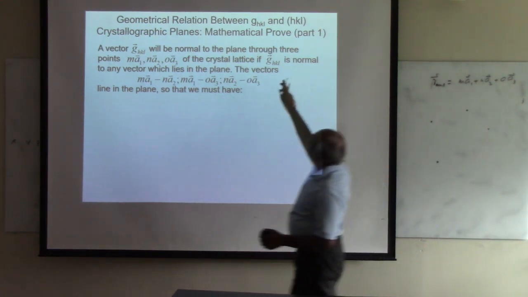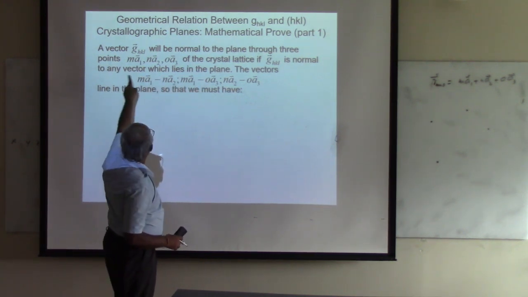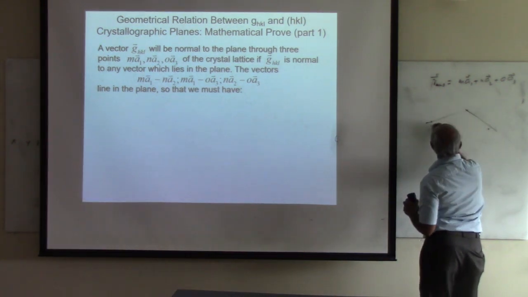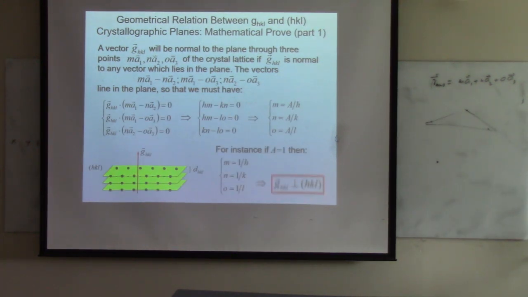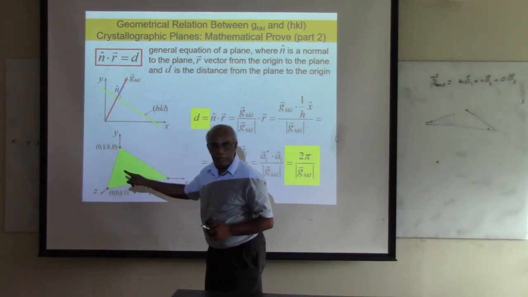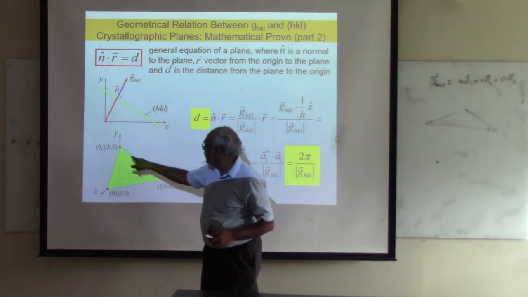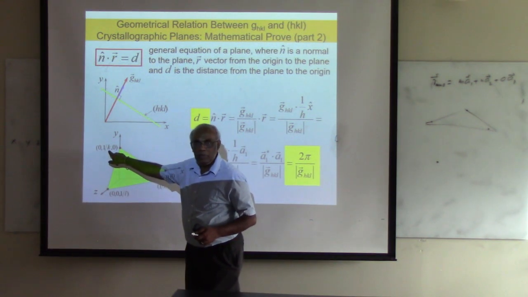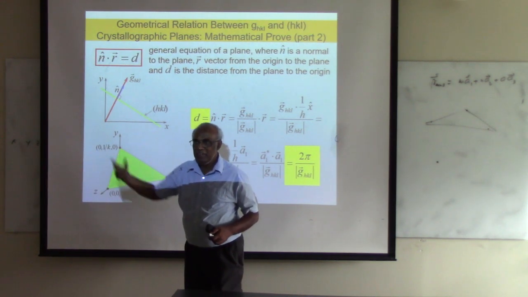I'm talking about a vector G_HKL that will be normal to the plane through these points. Let me show you. If I have some plane like this, the G vector is normal to that plane. We know this plane is passing through 1 over H, 1 over K, and 1 over L. Remember that's why we take the reciprocal to get the real index.